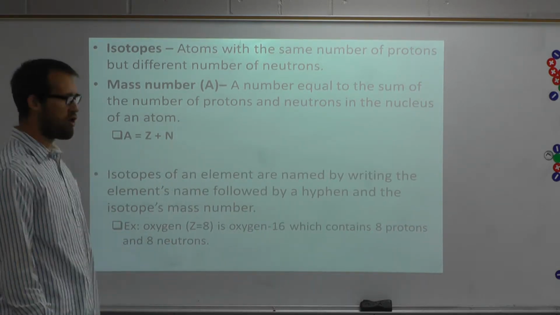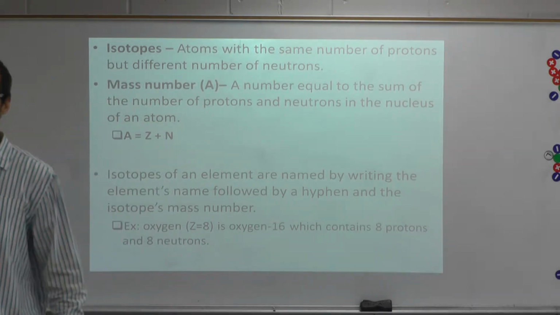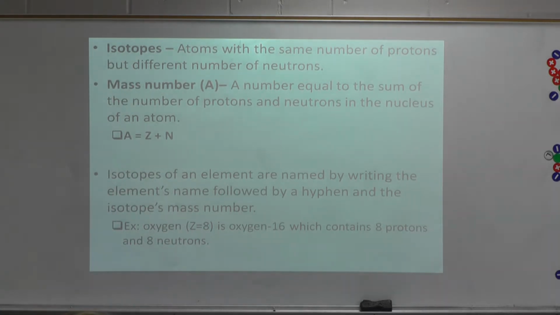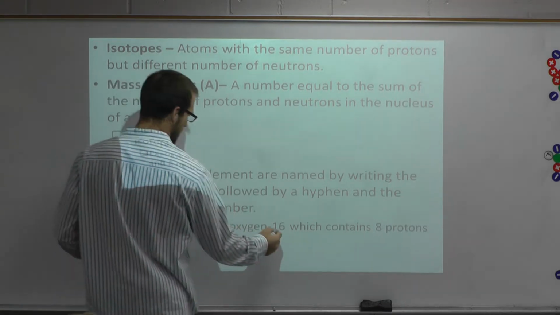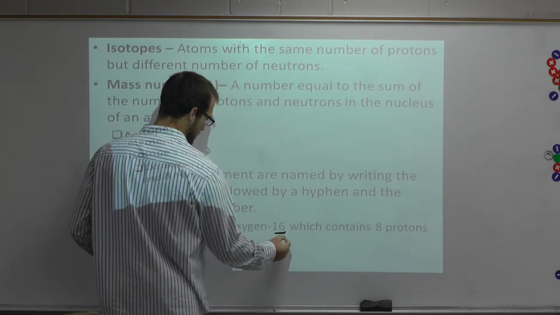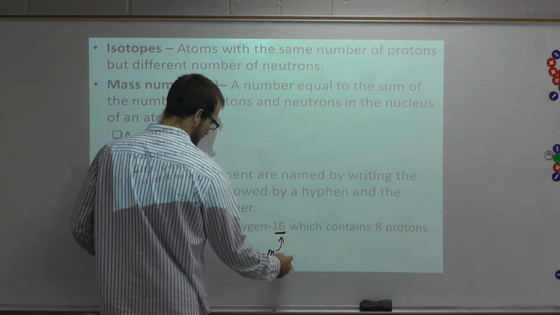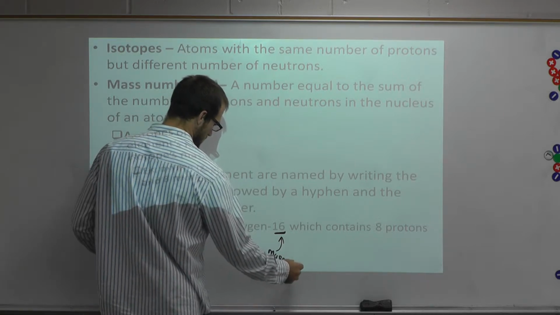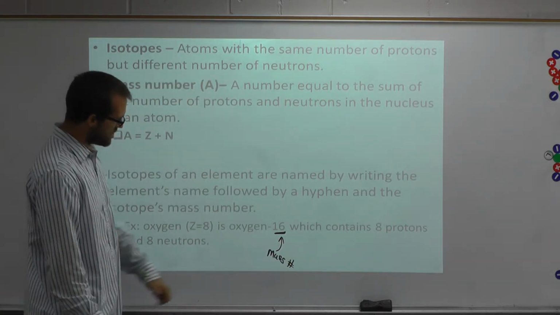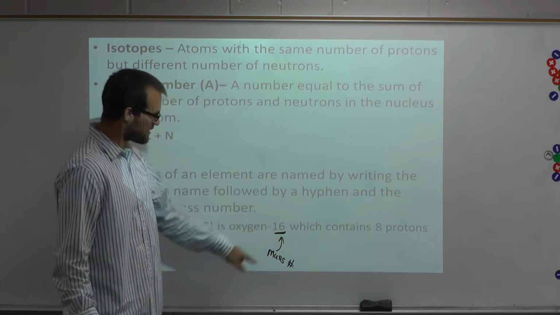Alright, here's another form that you might see these isotopes in. If you see the form of an element with a hyphen followed by a number, this number is always the mass number. So if I'm looking at this, I know it's oxygen, I know my mass number.